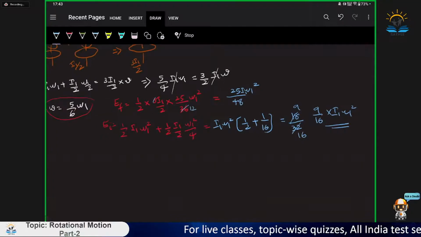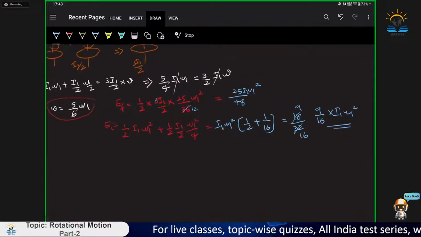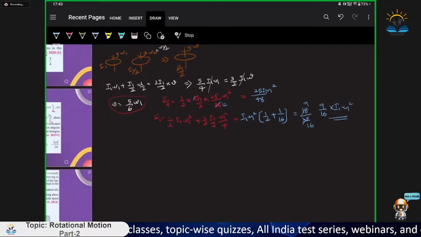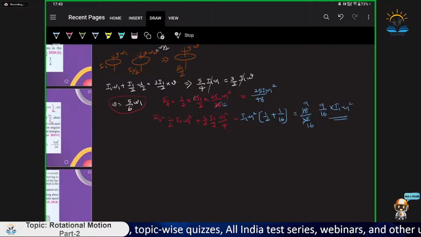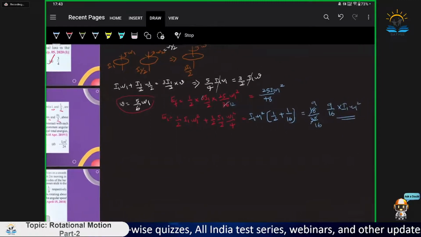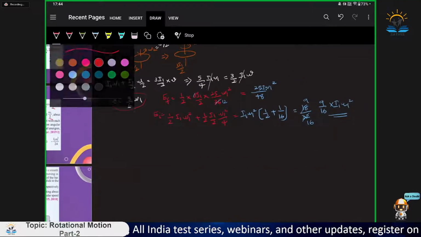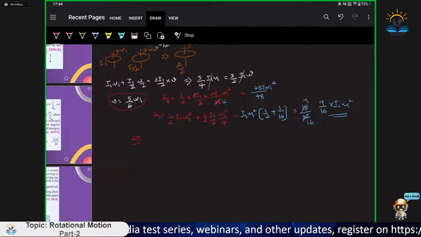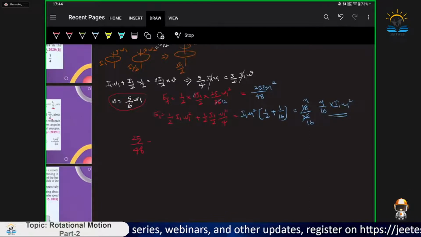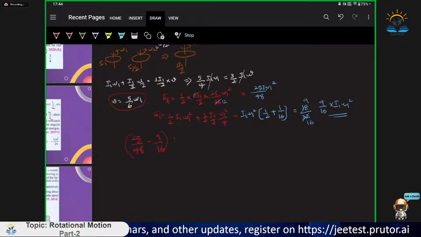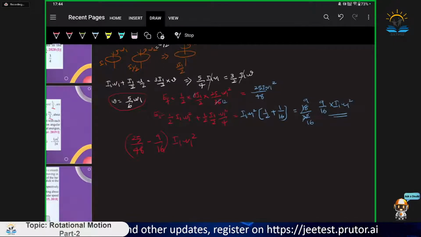We have to do final minus initial. So final minus initial: 25 by 48 minus 9 by 16 into I1 omega 1 square.